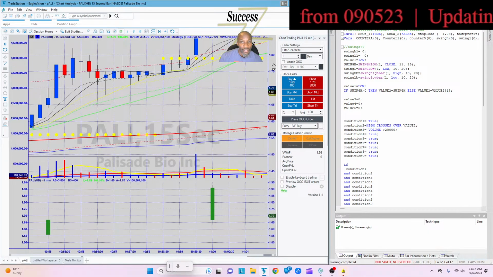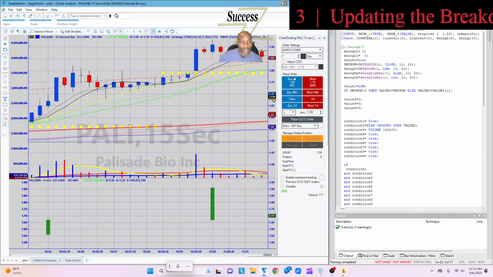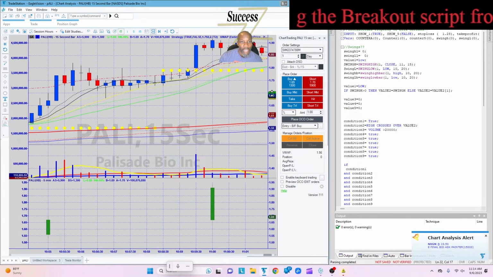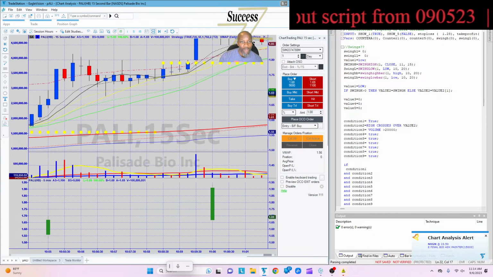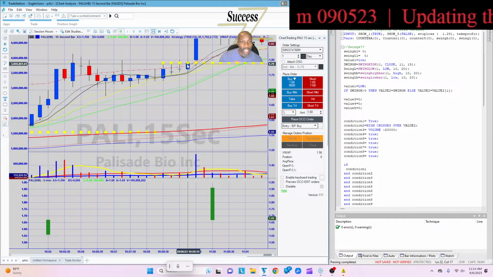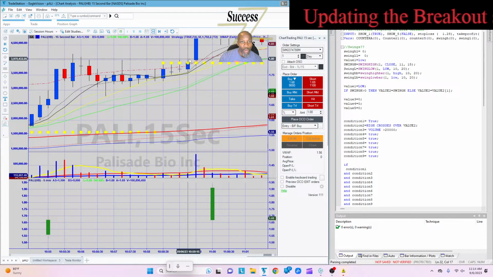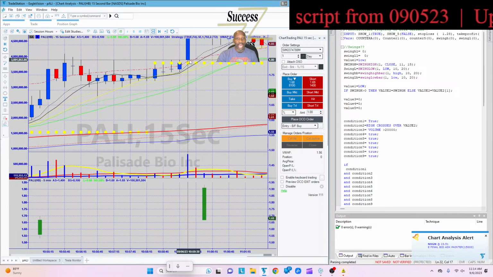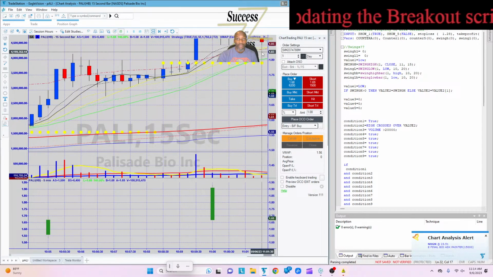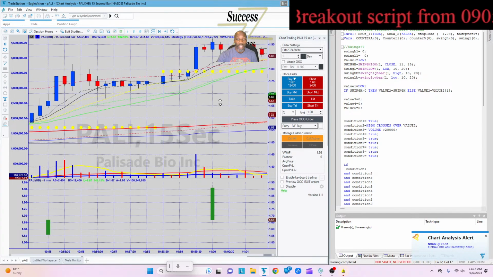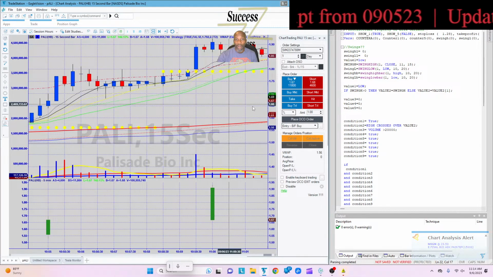High. Yeah, I think it gapped over. So it closed right here and it opened above it. So I think with that little gap there, it didn't take that one.